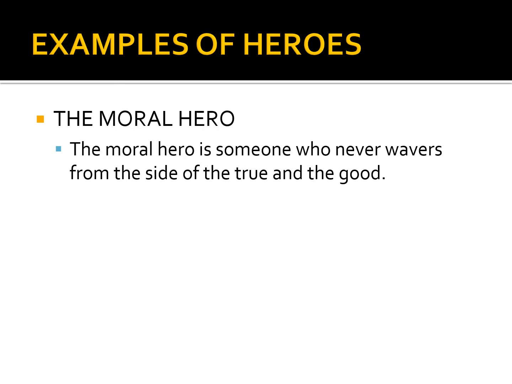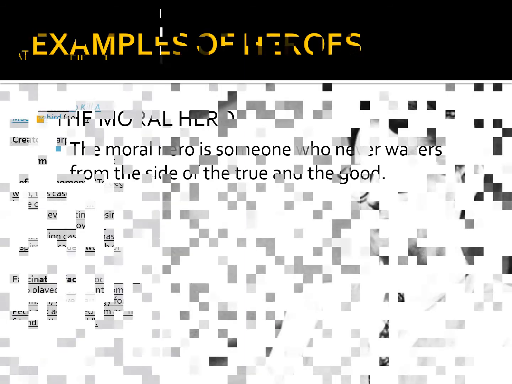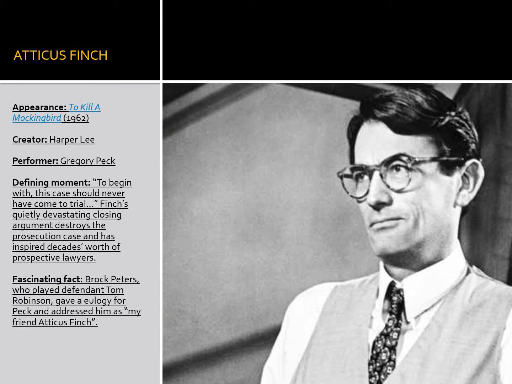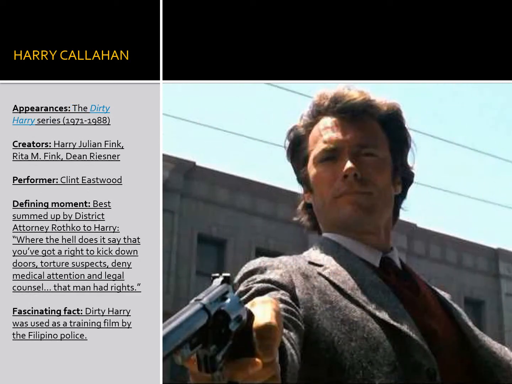The superheroes Spider-Man, Captain America, and Superman are the best examples of the moral hero. Other examples include Atticus Finch from To Kill a Mockingbird and Harry Callahan from Dirty Harry.